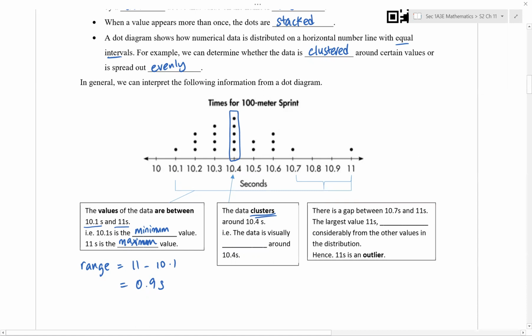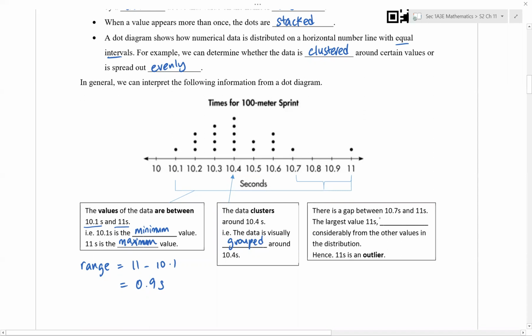And we notice that generally the other points are found around this 10.4. So we say in a statement that the data clusters around 10.4 seconds. Visually, just looking at it, the data is grouped around 10.4 seconds. And then we notice that there's a gap between 10.7 and 11 seconds.